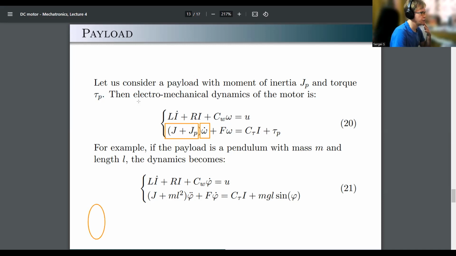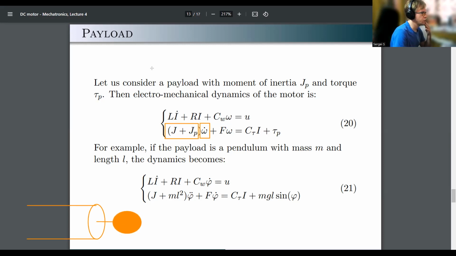Here I'll quickly try to draw how the motor looks. Okay. And here we have a shaft, output shaft. Okay. And imagine at the end of the shaft you have a payload. Okay, I will draw it like this.